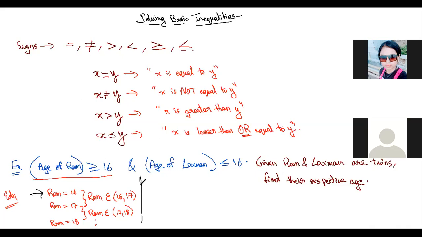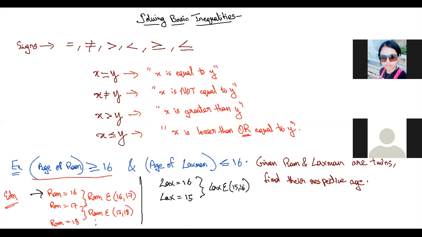On the other hand, if you analyze Lakshman, you see Lakshman's age is given to be less than or equal to 16, which means Lakshman's age can be equal to 16. Lakshman's age cannot go beyond 16, but it can be anything lesser than that. So it can be 15, and in fact, it can be anything in between also, 15 to 16.